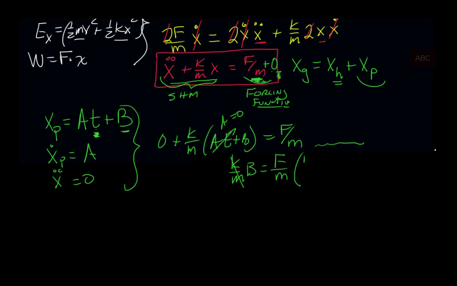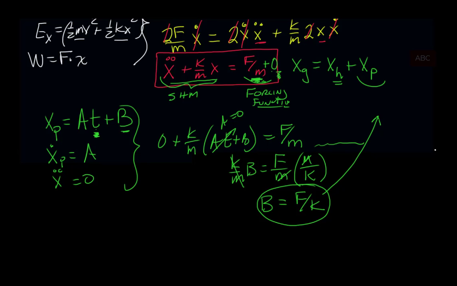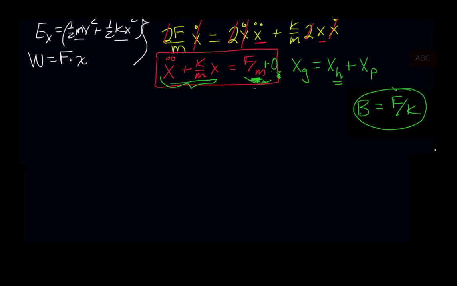And we can bring the m on k over here, inverting it. The m's drop out, and we find that b, our constant here, is going to be F over k, which I can bring over to here. And that will be our particular solution.